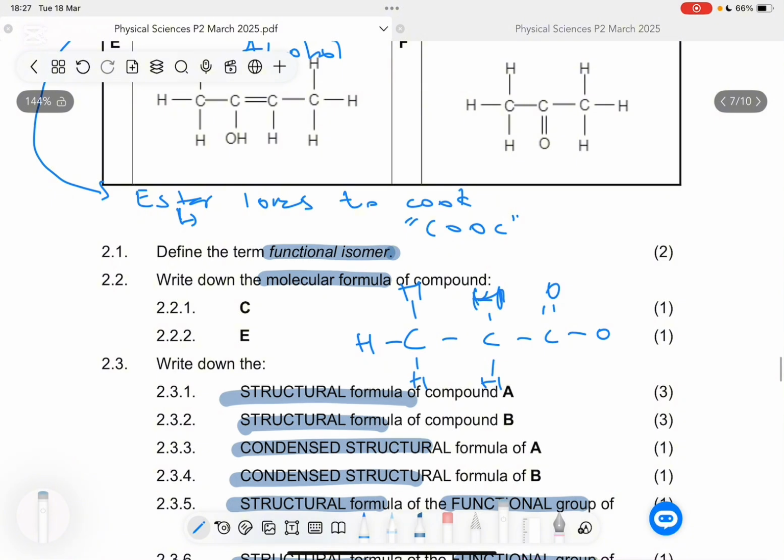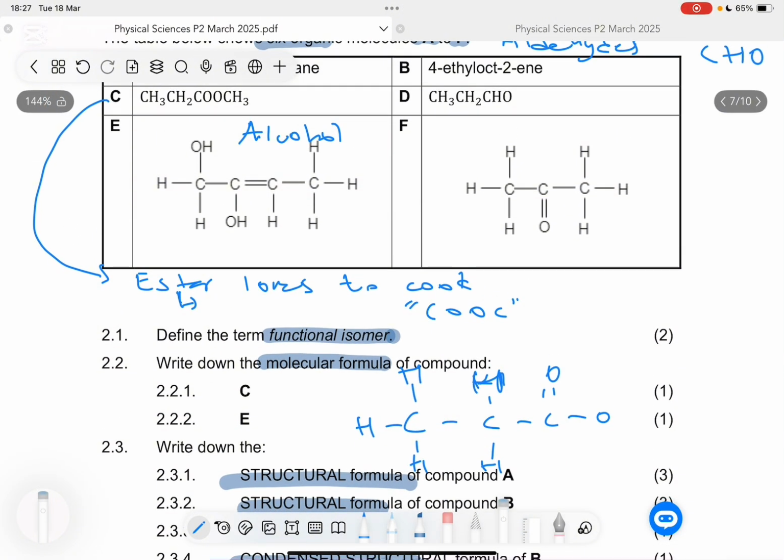The other thing that we note here is that there are no branch chains, and everything is a straight chain molecule. And then we have the functional group here that is defined by the aldehyde, and we know that aldehyde has a suffix anal.